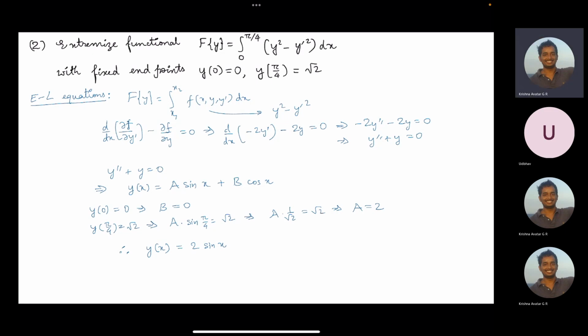Now, you must recall that we had solved a similar problem in the section on ODEs, and what we clearly see here is that the solution of this equation is of the form a sin x plus b cos x.